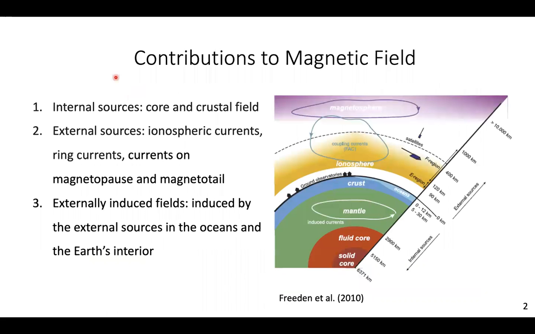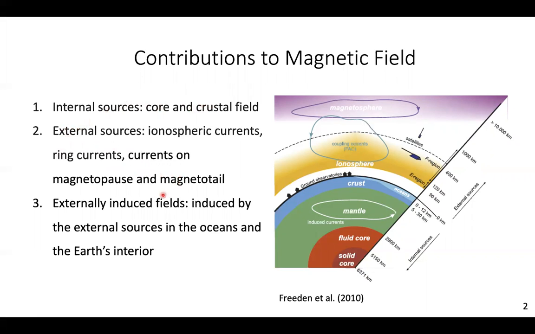There are several contributions to the magnetic field of our Earth, depending on different altitude and depth. The first type is internal sources. Basically, we refer to the core and crust field as the internal sources. The second type is external sources, which result from the atmospheric current, the ring current, and the current on the magnetopause and the magnetotail.